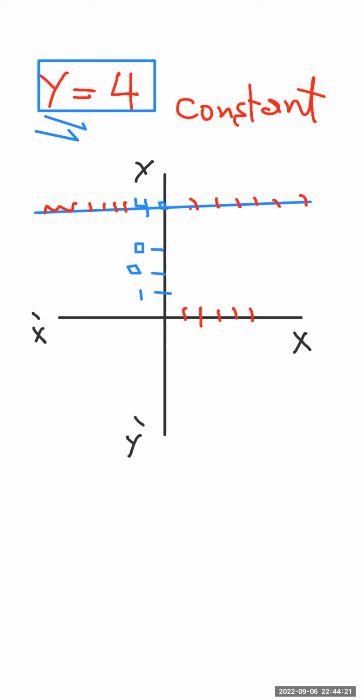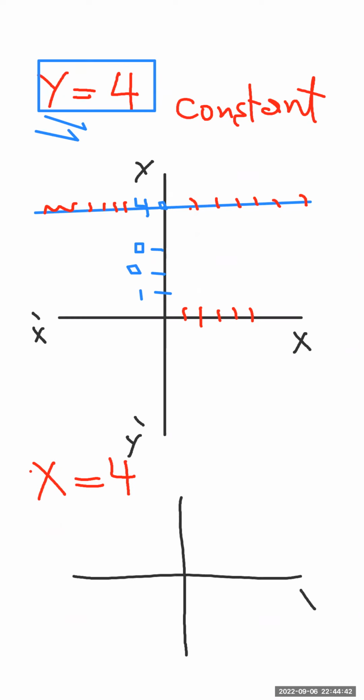The second point: if x equal 4, how do we represent this one? Parallel to the y-axis. If x equal 4, in this case I will draw the xy plane.